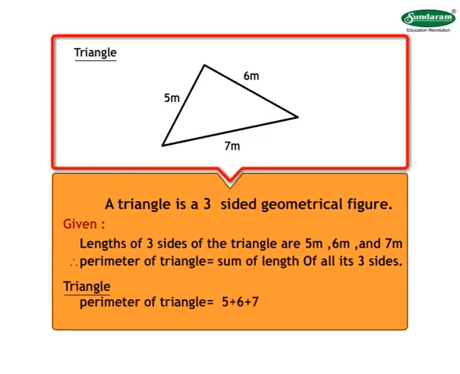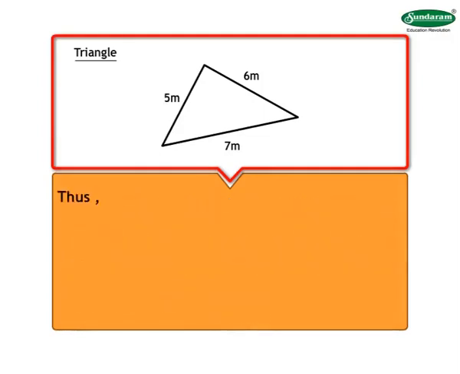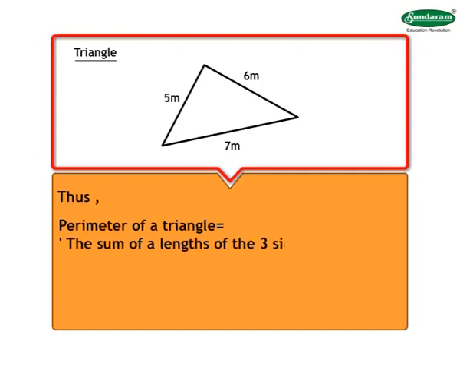Perimeter of the triangle is equal to 18 meters. Thus, we can say that perimeter of a triangle is equal to the sum of the lengths of the three sides of a triangle.